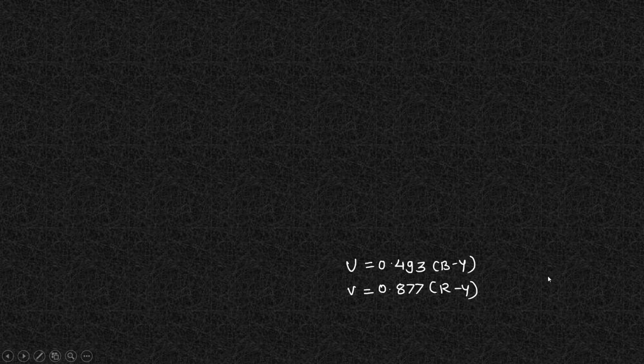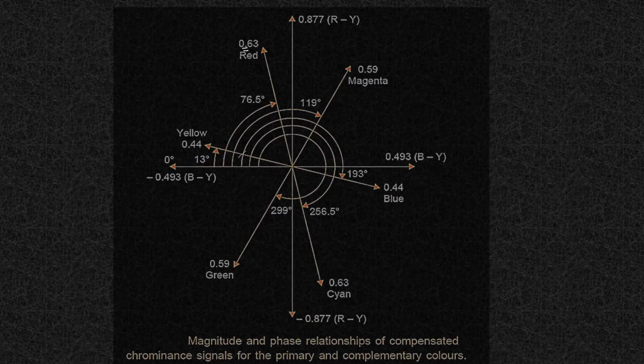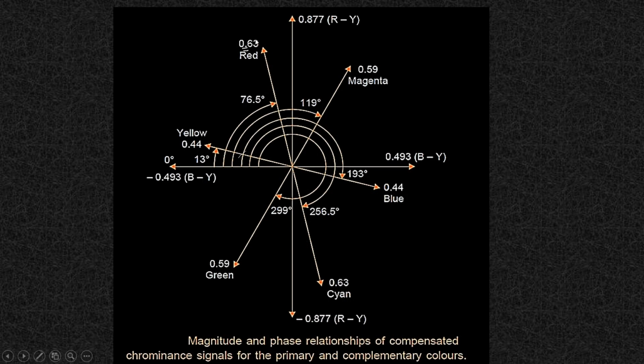In that red color, you can see on the polarity that your amplitude is 0.63 and your angle is near about 76. As this is a negative angle, you are moving from here to here. If it is positive, you need to move from here to here. This is how we show any color on the color circle. So this is all about QAM, quadrature amplitude modulation.